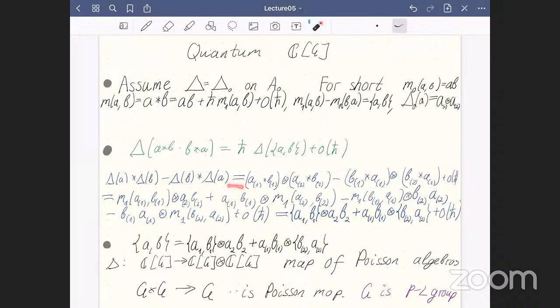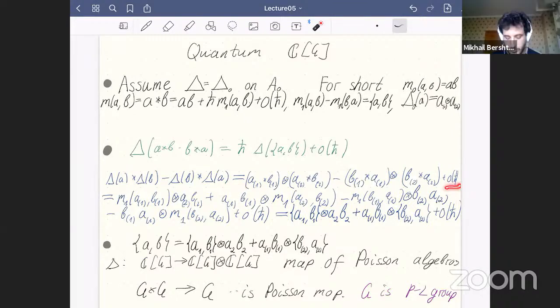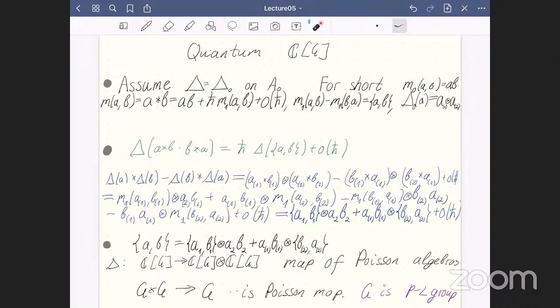Yes. It's here. Because we are not computing just delta, we're computing the commutator. So we get first order, but then taking the commutator, since multiplication is commutative and the zeroth order is commutative, we get one order.